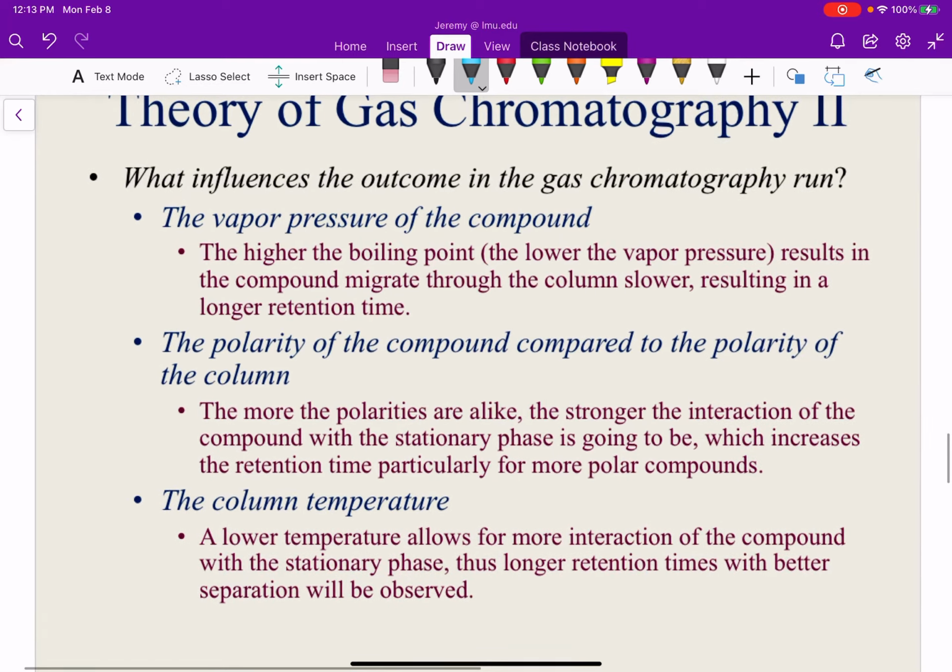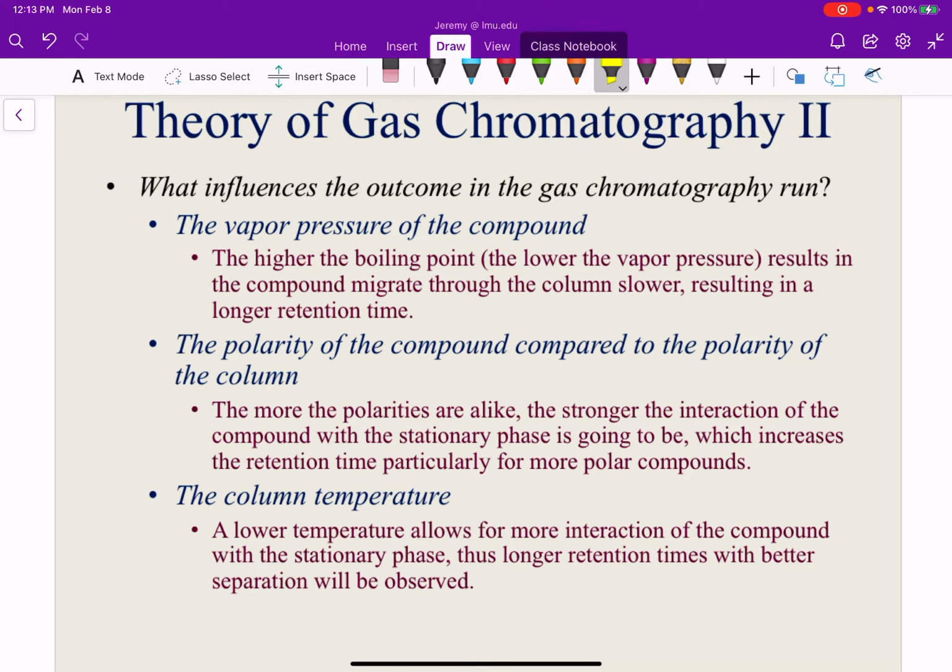So let's summarize this again, like the vapor pressure, the boiling point. The higher the boiling point of our compound results in the compound migrating through the column slower. So higher boiling point, more liquid, it will migrate through the column slower, which means you get a longer retention time. Okay, that's really the biggest factor when we're talking about GC.